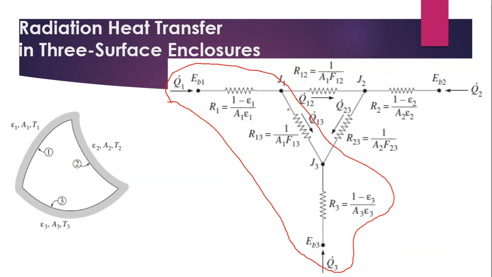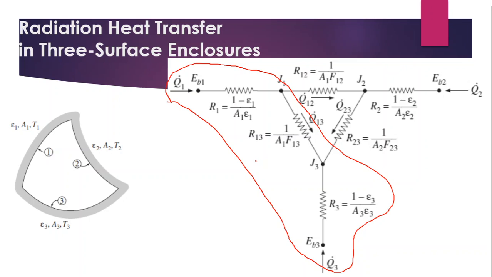Then we have the space resistance, and in this space resistance we take the area of surface 1 and the view factor from surface 1 to 3. It will be equal to 1 divided by A1 F13. We can also take 1 divided by A3 F31, because we know that both are equal: A1 F13 equals A3 F31.